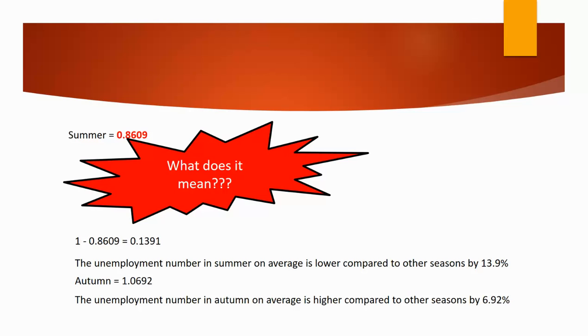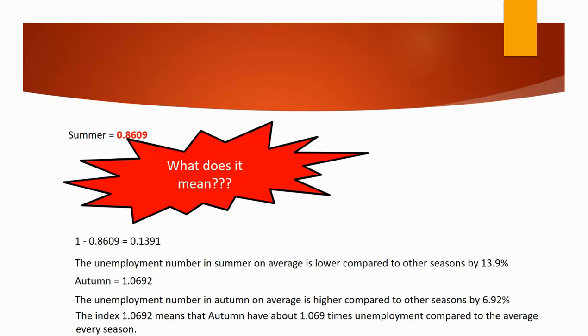So you can see if the seasonal index value is lower than 1, it is lower compared to other seasons, and if it is greater than 1, it is higher compared to other seasons. Another way to explain this: the index 1.0692 means that autumn has 1.069 times the unemployment compared to the average of every season.